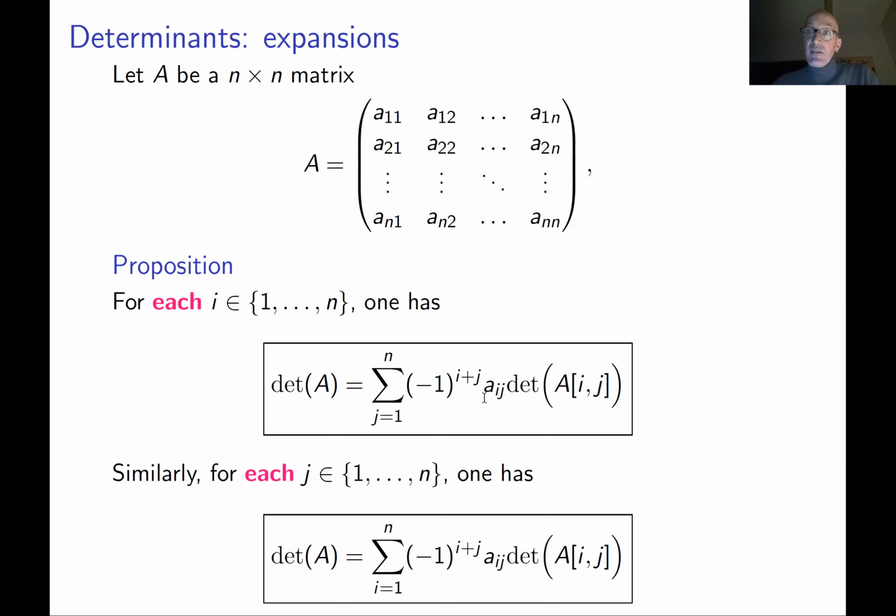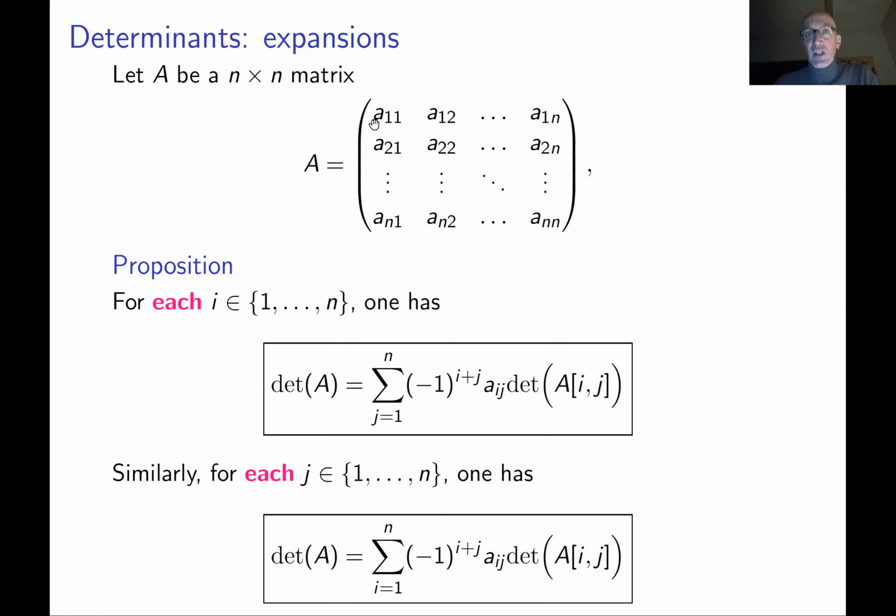Similarly, the same formula exists for columns. This is almost the same formula as here. The only difference is that now you take the summation not by j but by i. So now j is fixed, and j is the number of a column. You take any column, for example the first column. In this case j is 1, and you write down absolutely the same formula as with a row.